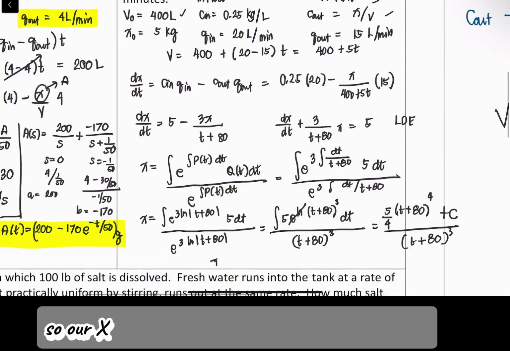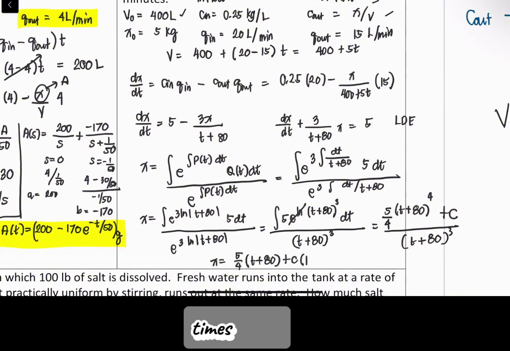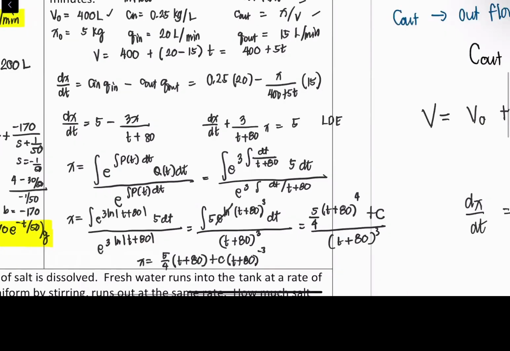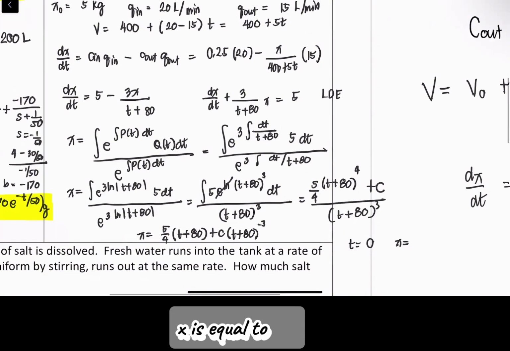So our x would be equal to 5 over 4 times (t + 80) plus c times (t + 80) raised to negative 3. At t equal to 0, x is equal to 5.